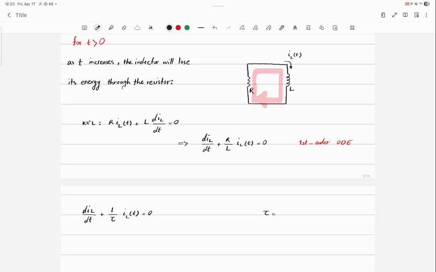I just defined L over R. I just called it a new name. I'm just calling it tau.